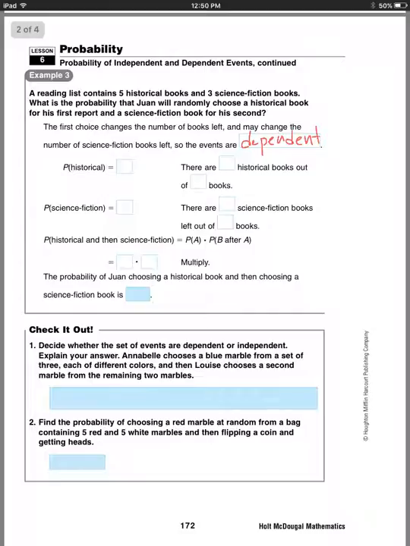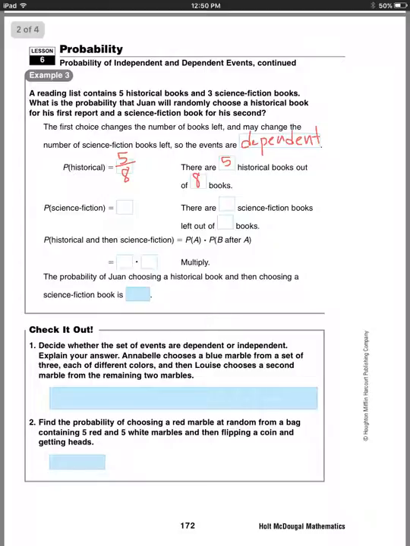So the probability of getting a historical book at first is 5 out of 8, because there were 5 historical books out of 8 total books. Okay? So, then the probability of getting a science fiction book, we're going to pretend that he got that historical fiction for his first report.